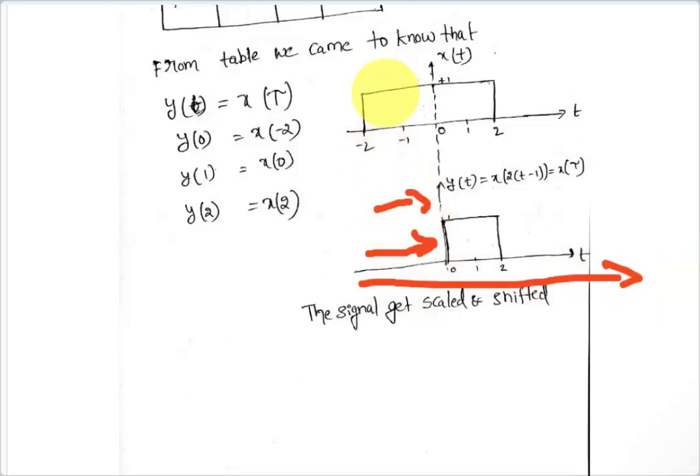Here we saw some area on the left side of the y-axis also, but in this case we don't see any left side area. Means the signal gets shifted wholly to the right side, so the shifting operation is also done.